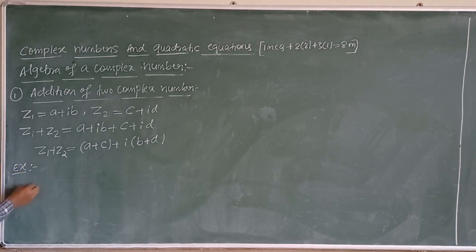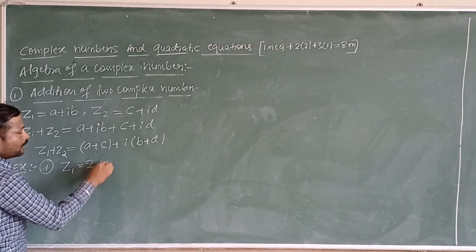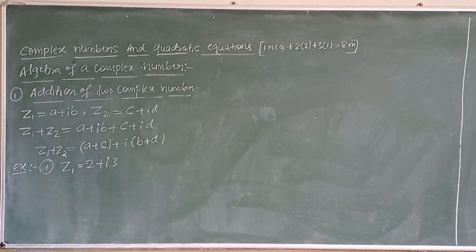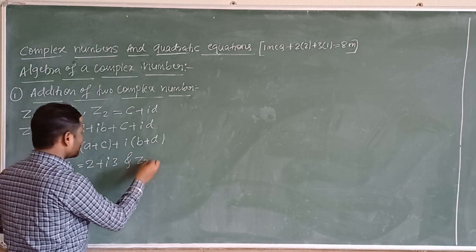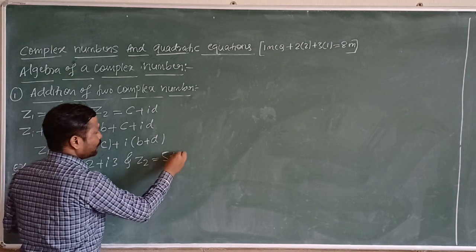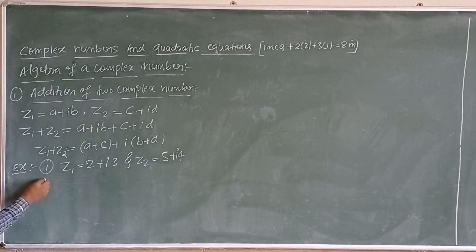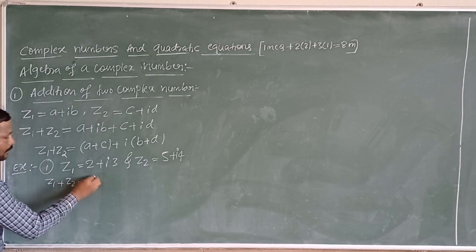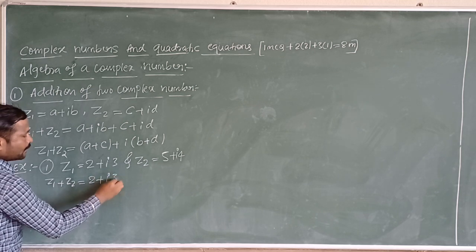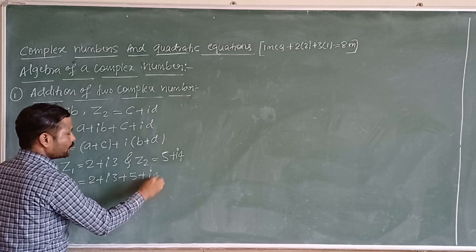Now let us take one particular example for the sum of two complex numbers. Take z1 equals 2 plus i3, the first complex number, and z2 equals 5 plus i4.